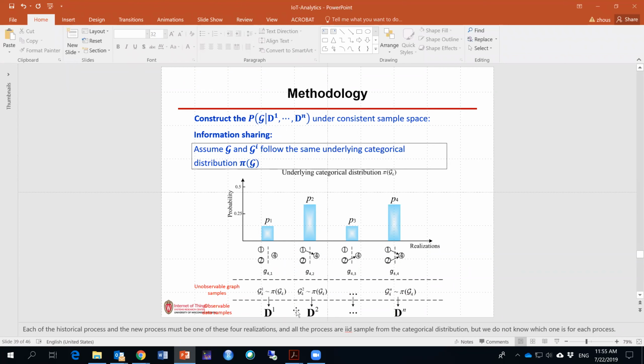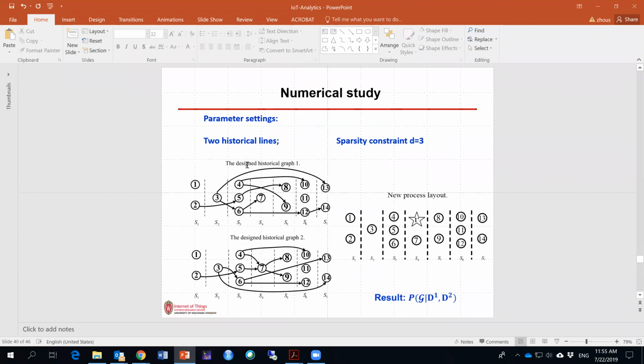We try to learn, based on the observed data from the graphs, the categorical distribution. The derivation is pretty involved, but the concept is relatively easy to follow.